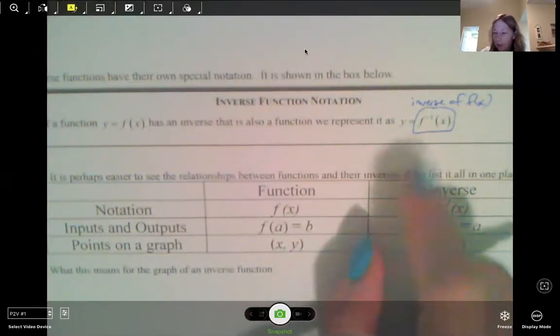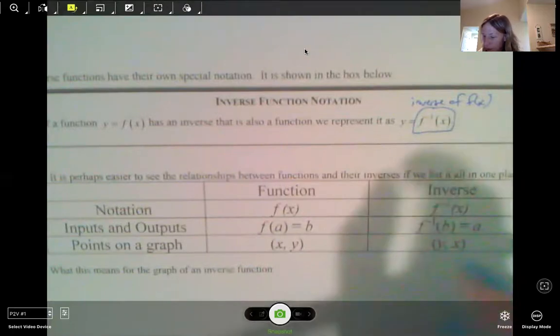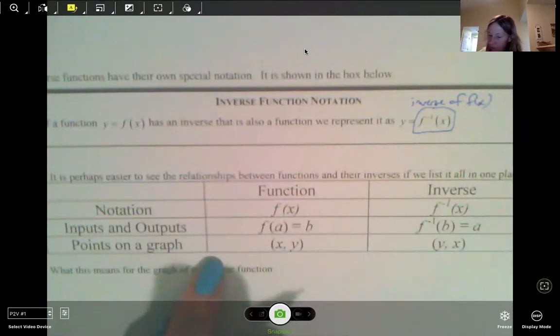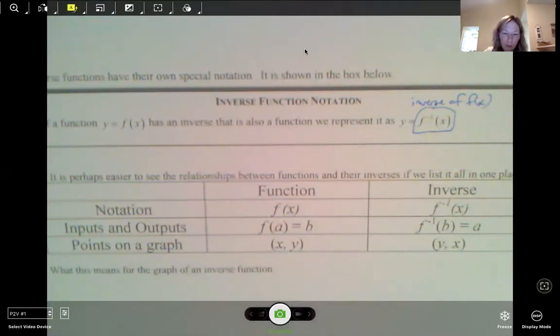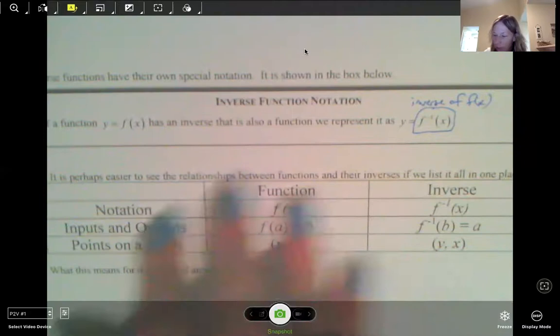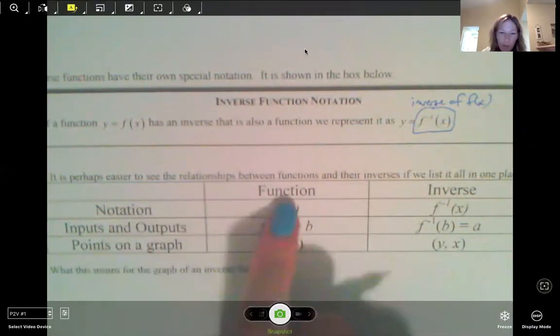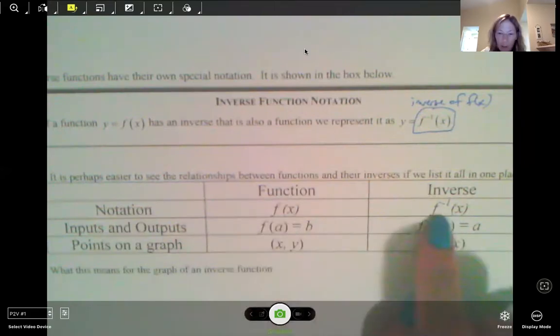That's the inverse of f. One of the big things that we'll start looking at in the second day of 2.6, which we won't do until next week, comes out in this table. So some general things: notation wise, if we have an original function f of x, this is the notation for its inverse.